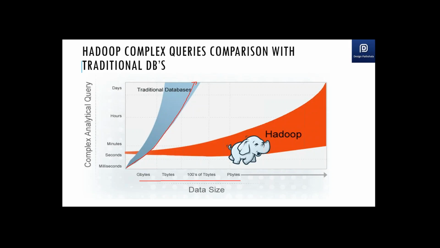In the Hadoop ecosystem, your graph starts from somewhere here. There's an initial time which is always required to start up your process, and there's a lot of metadata handling and a lot of things which happen at the backend, which we're talking about. And as soon as your data increases, your graph is almost horizontal. It's not a vertical kind of thing.